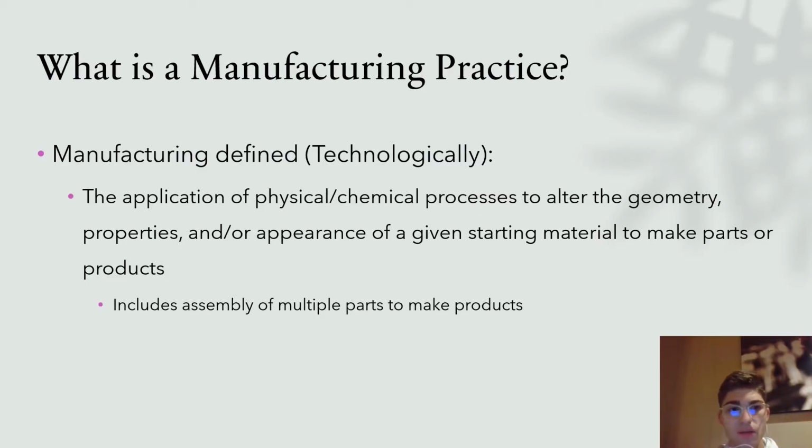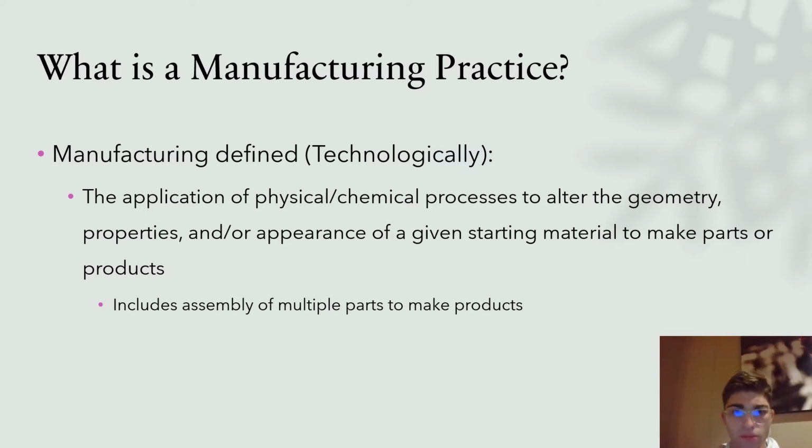So before I talk about what good manufacturing practices are, I would like to define what manufacturing is. As we know, manufacturing has two different definitions, one being economically and the other one being technologically.